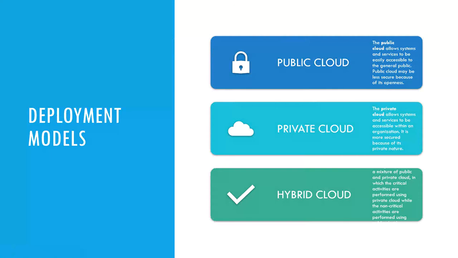Private cloud allows systems and services to be accessible within an organization, and it is more secure because of its private nature. Hybrid cloud is a mixture of public and private cloud, and on-premise and cloud integration, in which critical activities are performed using the private cloud, while non-critical activities are performed using the public cloud.